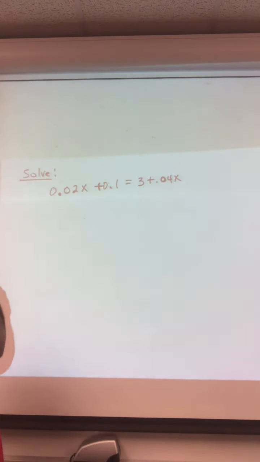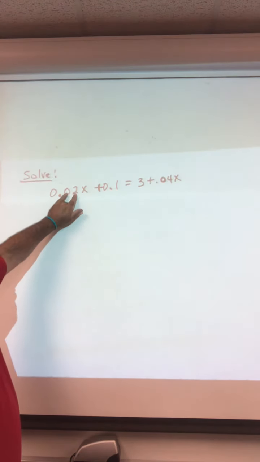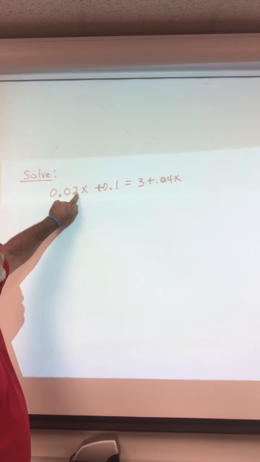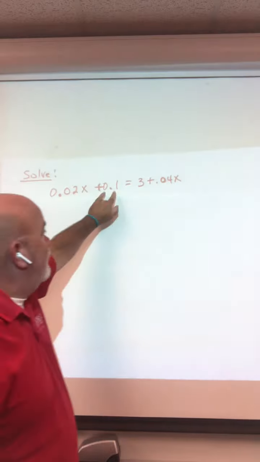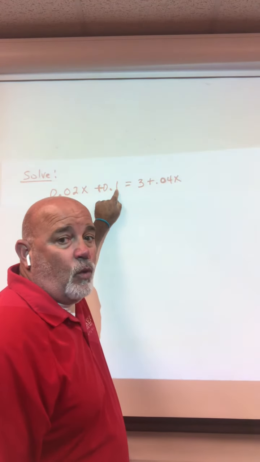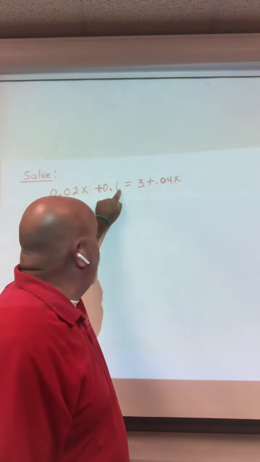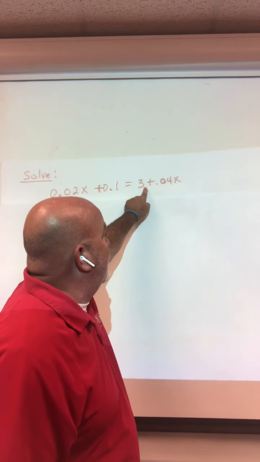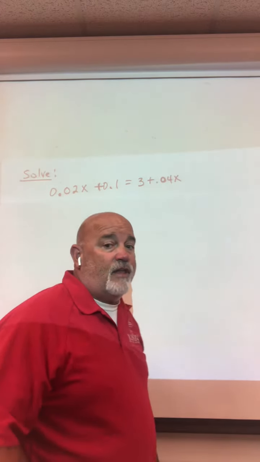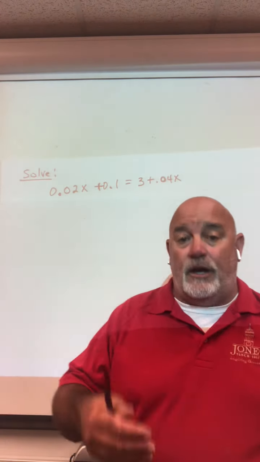All right, look at the decimals now. This 0.02, this is 2, what place is that to? That's 1/100ths. This is 0.1, that's 1/10, because it only needs to be one place. This is not a decimal, it is, but it's at the end. This is 0.04, so that's 4 what? 100ths.